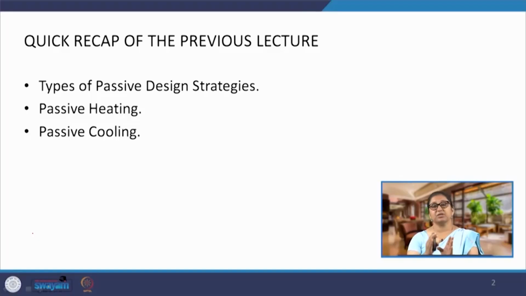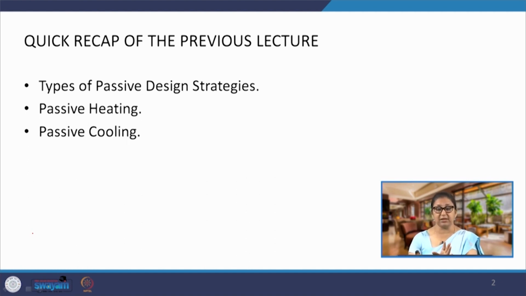In the previous lecture, we had looked at the different types of passive design strategies specifically for heating as well as cooling. We are going to continue the same discussion further, and look at some advanced passive design strategies. Now, why do we call them advanced? Because sometimes these passive design strategies require extra construction other than the building envelope.